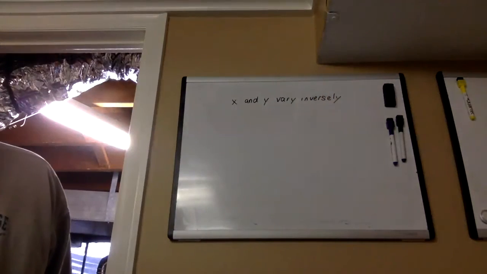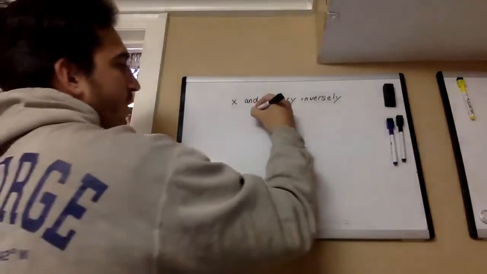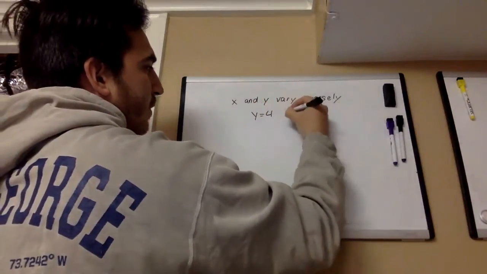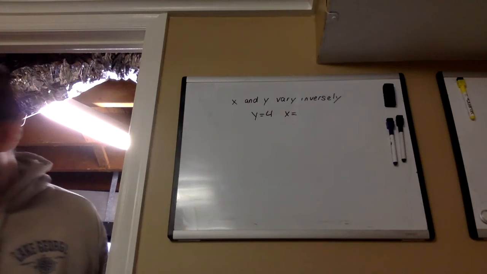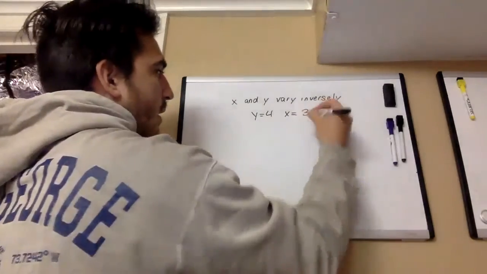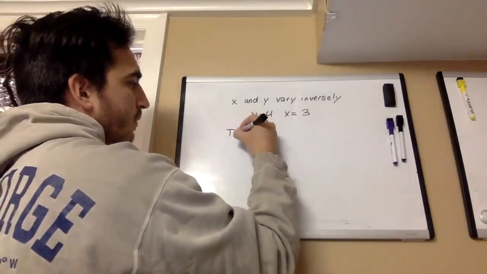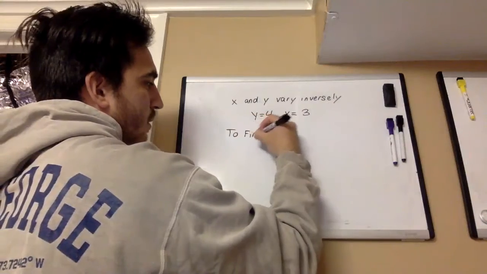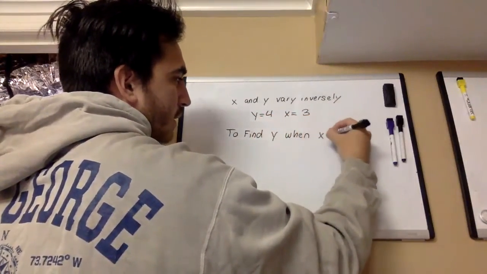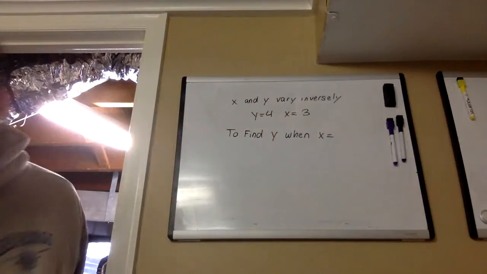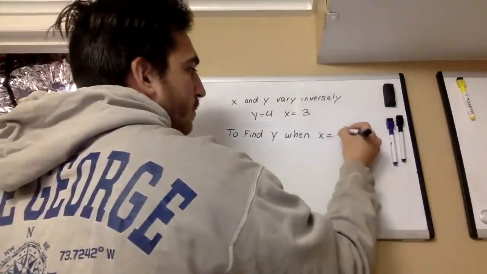They're going to give you a value for y, and they're going to give you a value for x. So we got x is 3. And then they ask you to find y when x is equal to, and my problem is -2.